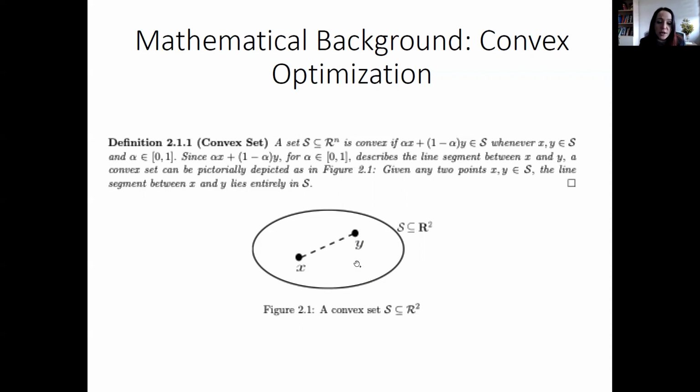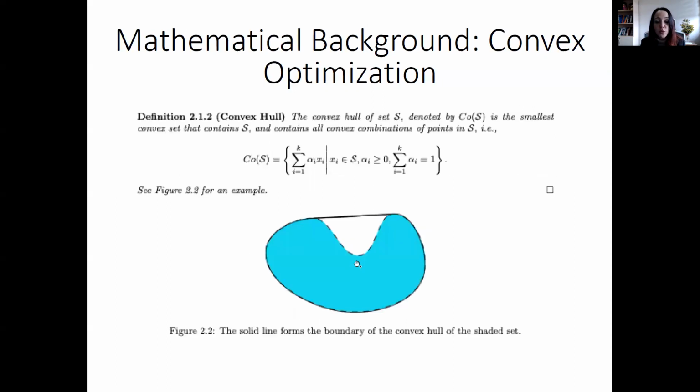The line segment that joins the 2 points has to be inside S. So that's a more pictorial description of a convex set. That also explains why this blue region here would not be a convex set, because clearly, if, for example, you join this point with that point, the line that joins them is outside S.